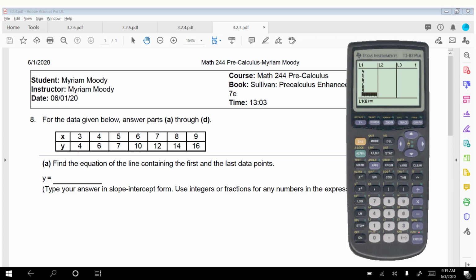Okay, so according to the count, if you notice there's a count down there, I stopped at 7. So I'm going to scoot over to the next column and I am going to start inputting my y's.